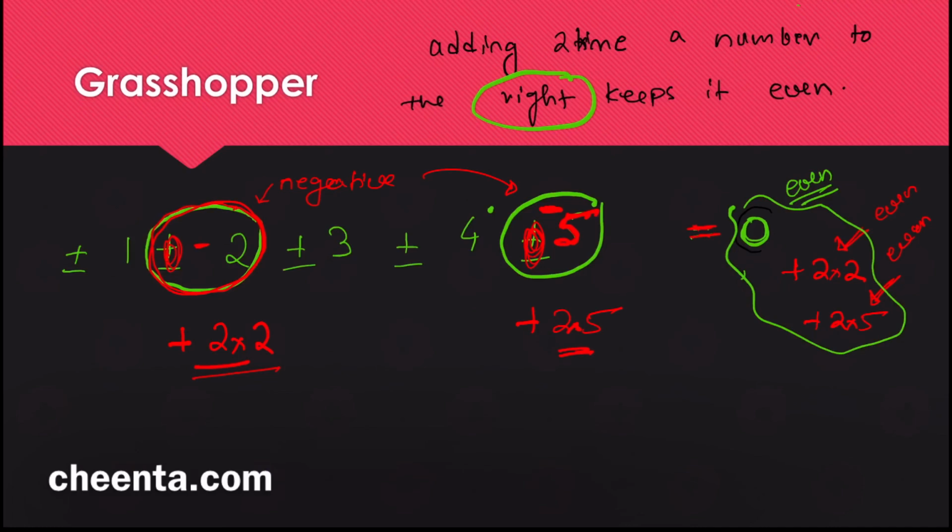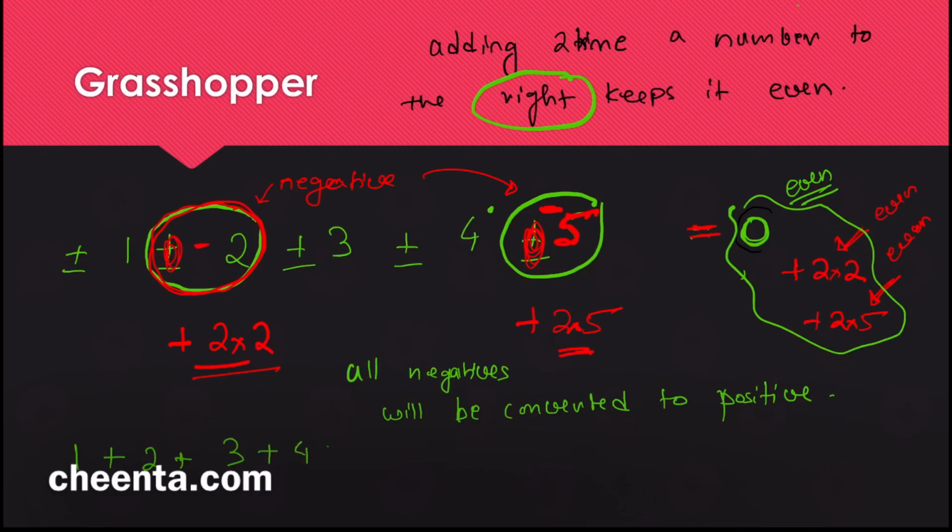At some point, all negatives will be converted to positives. So what will we have? We have 1 plus 2 plus 3 plus 4 plus 5 on the left hand side equal to something even on the right hand side.